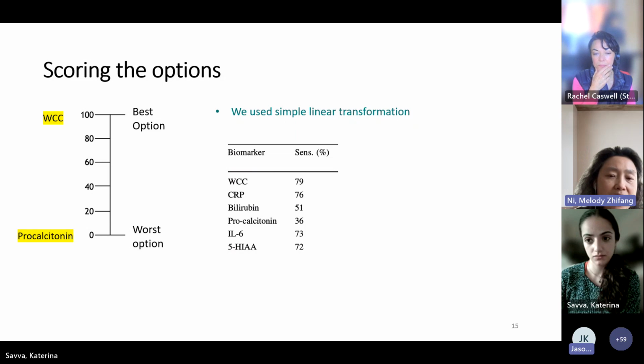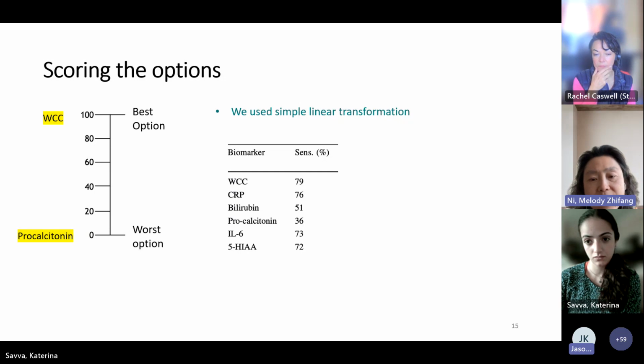It is basically a 0 to 100 scale. 0 means the worst option; it doesn't mean that it has no value. It just means that in the context of the decision problem and of the 6 options, the 6 biomarkers that we are looking at, one of them is the worst on this particular criterion, and another is the best.